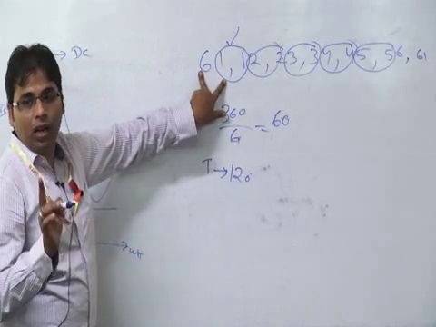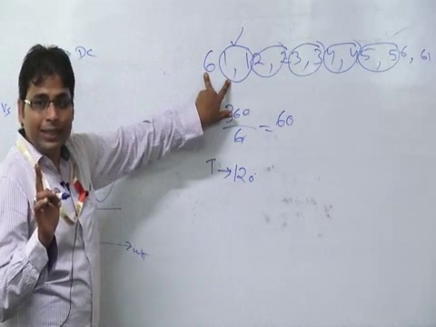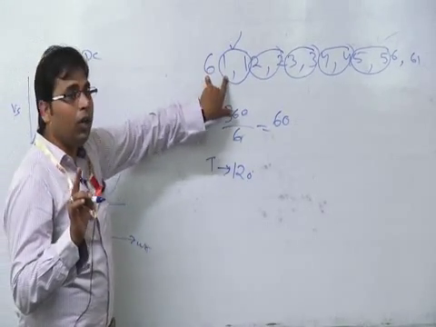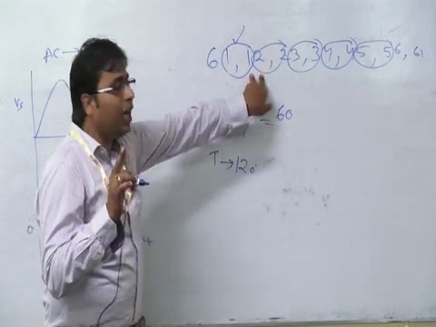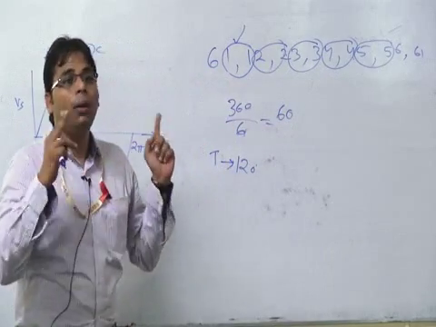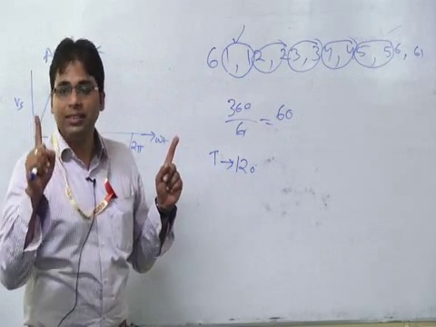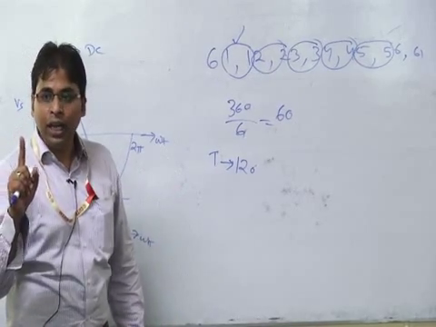Each pair will conduct for 60 degree. During one pair we will get one pulse, during another pair another pulse. Like that we will get 6 pulses per one cycle.